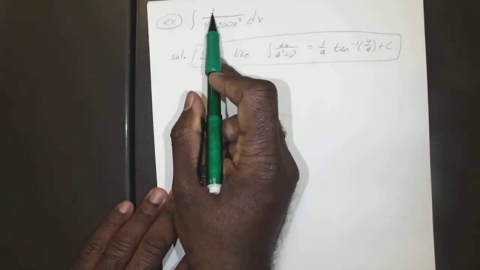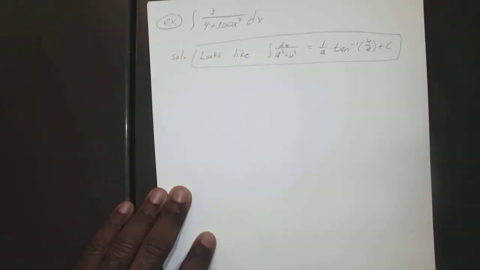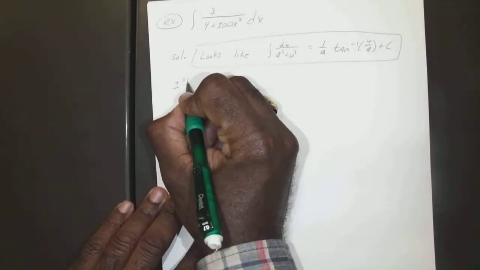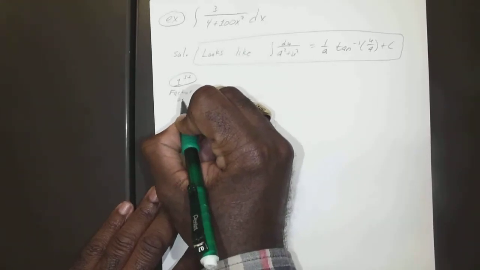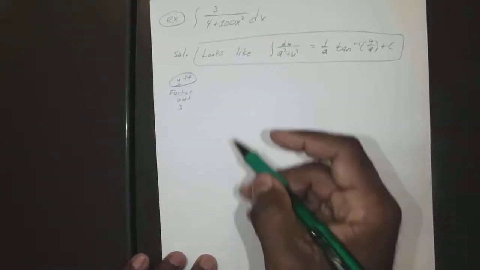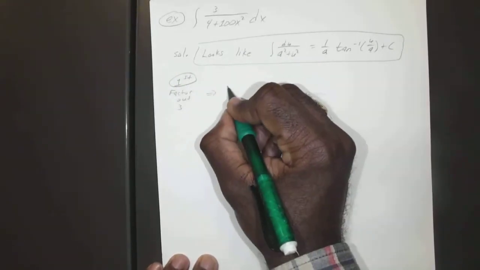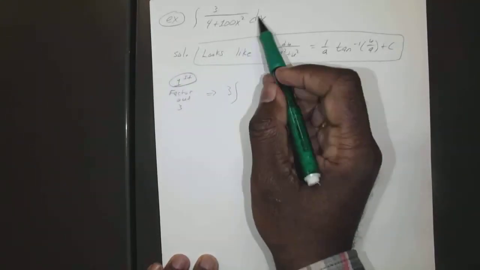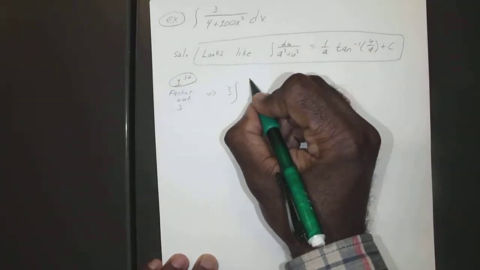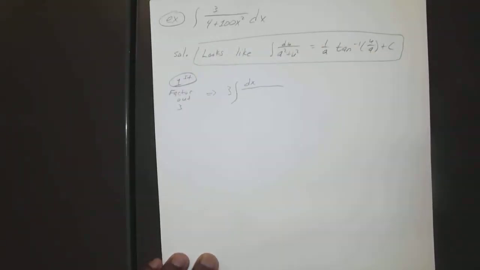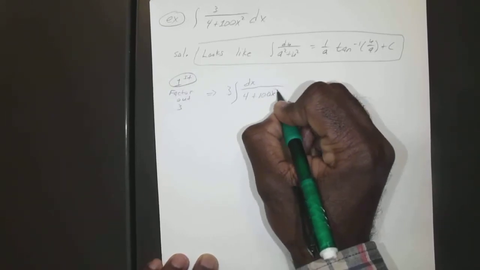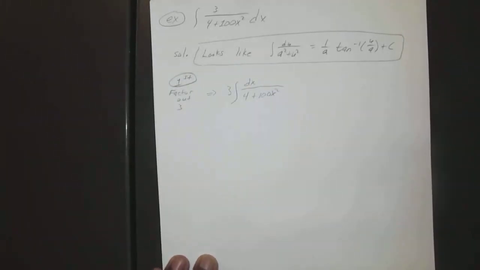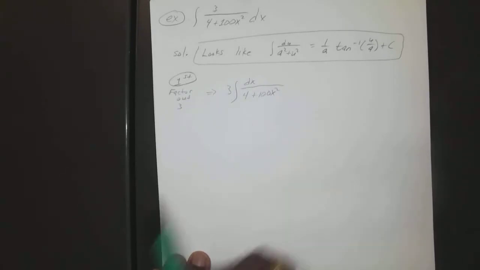Okay, so just like before, first thing we're going to do is factor out our numerator. So factor out the 3. That gives us 3 times the integral, and just move the dx up top to have it in the same form, so 4 plus 100x squared. Then your second step, you're going to rewrite it.